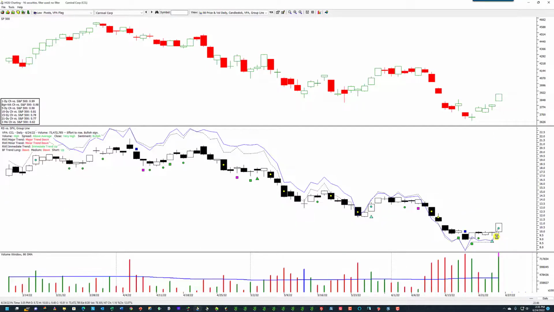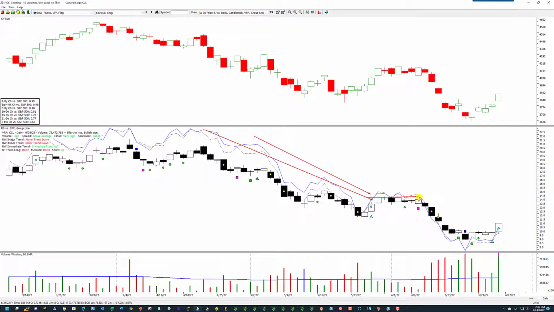Now the blue line's going up, and the green and the group line is going up, and look at this volume, very heavy volume today. Now all throughout this period, for the most part, I mean there was an up period here, but the blue line has been going down, flattened out here.